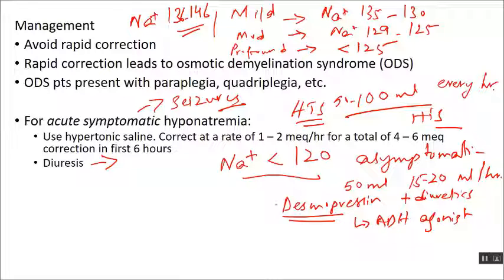The rationale behind using desmopressin with hypertonic saline is that it prevents rapid overcorrection. It would at least be a safety net, so to speak, that would prevent overly rapid correction. And then, of course, diuretics is another thing which would help with the hyponatremia part.